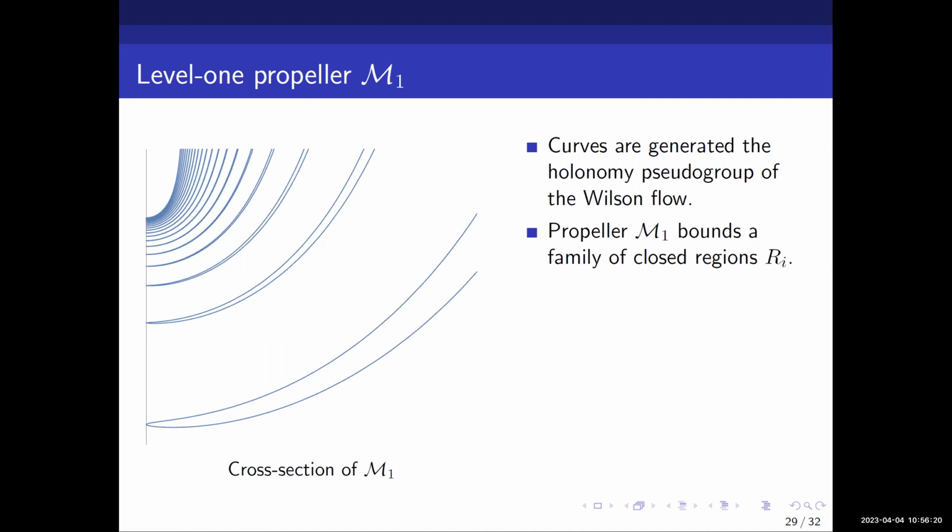And they bound some regions, right? And the pseudogroup is contracting. So if you look at this propeller as opposed to this propeller, which is the image of the pseudogroup, one iteration, then 2 iterations, then 3, you can see that these regions are getting smaller and smaller.